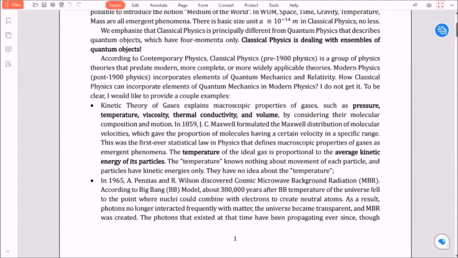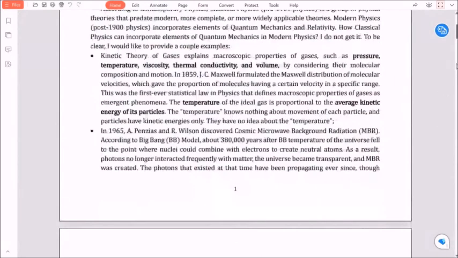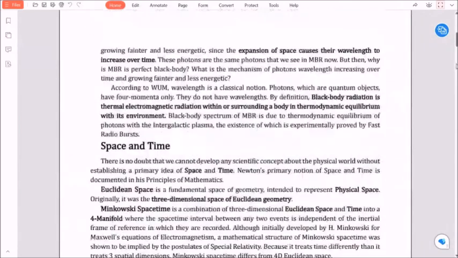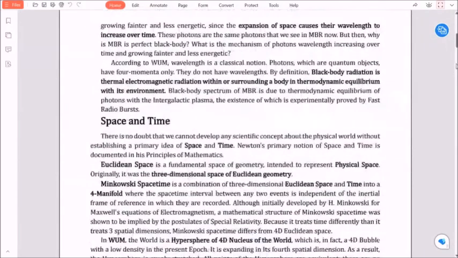The universe became transparent, and MBR was created. The photons that existed at that time have been propagating ever since, though growing fainter and less energetic, since the expansion of space causes their wavelengths to increase over time. These are the same photons that we see in MBR now.